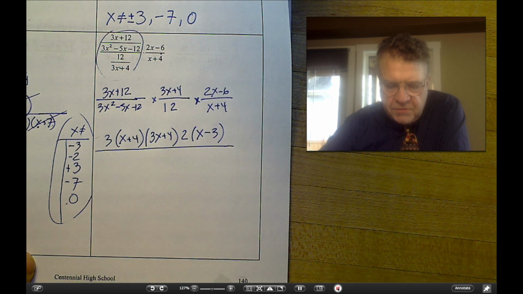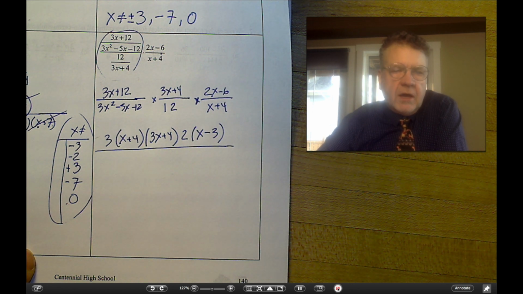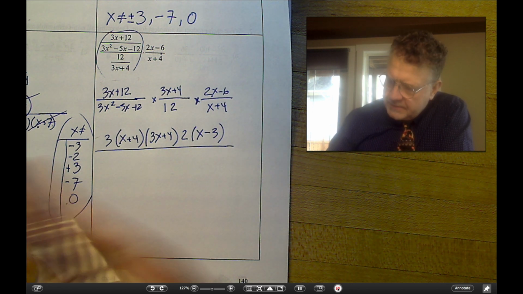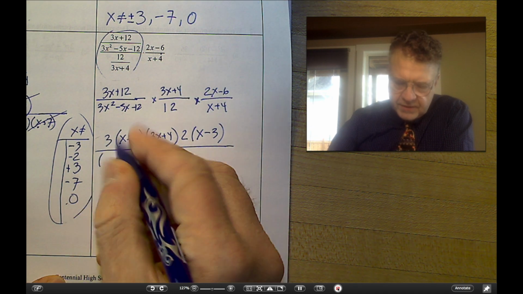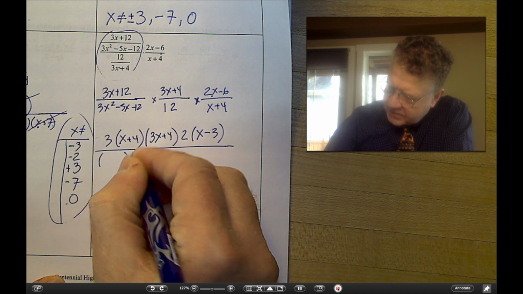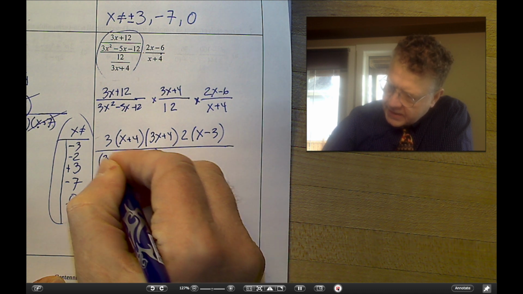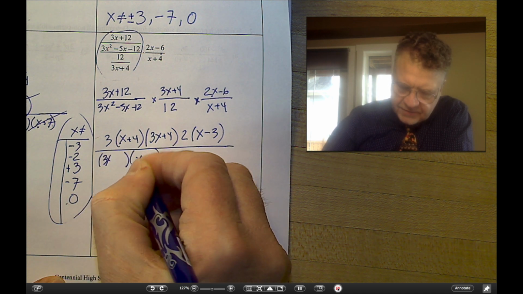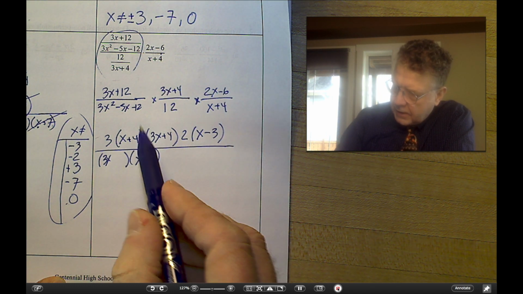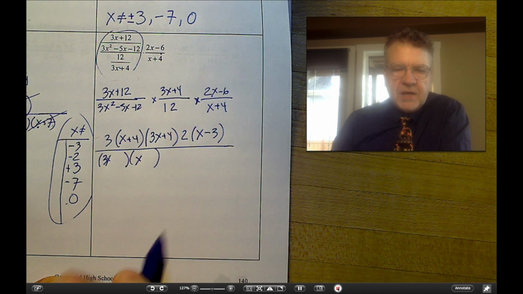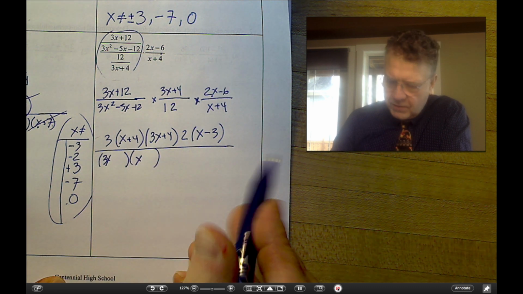In the bottom, 3x² − 5x − 12, well, again, it's one of those complex trinomials, right? I know there's going to be a 3x and an x. And because I've got a 12 here, I now got to put a 3 and a 4. So it's a matter of where does the 3 and where does the 4 go?